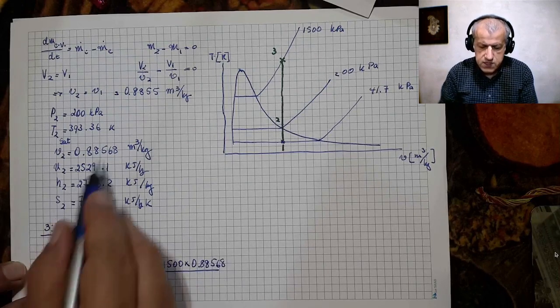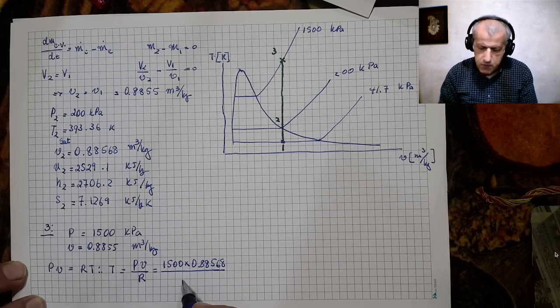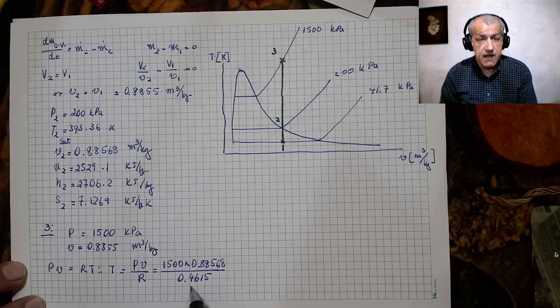I would just continue using this value, and then divided by R, which is 0.4615. Remember that this is the value of R for steam, for water, and not for air.